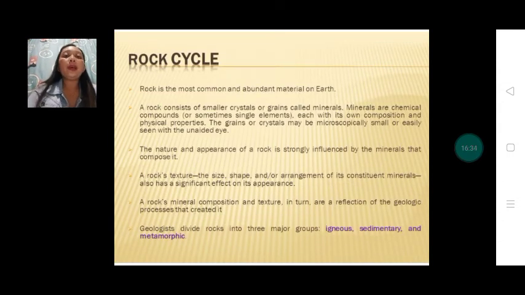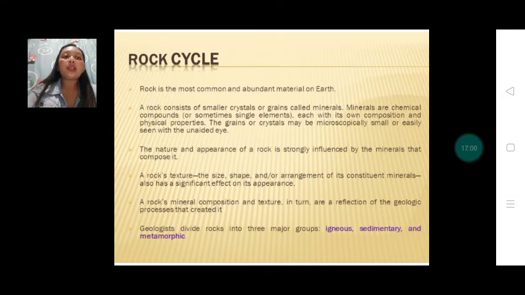Okay, so now let's find out about the rock cycle. Rock is the most common and abundant material on Earth. A rock consists of smaller crystals and grains called minerals. Minerals are chemical compounds or sometimes single elements, each with its own composition and physical properties.